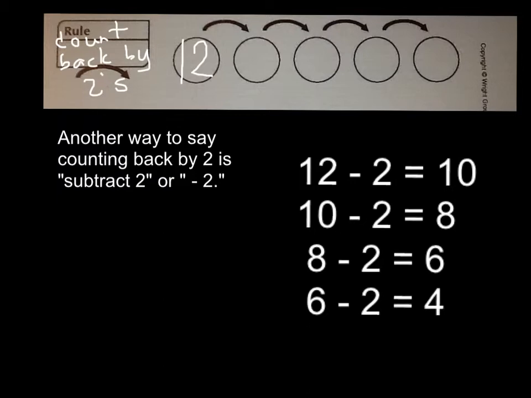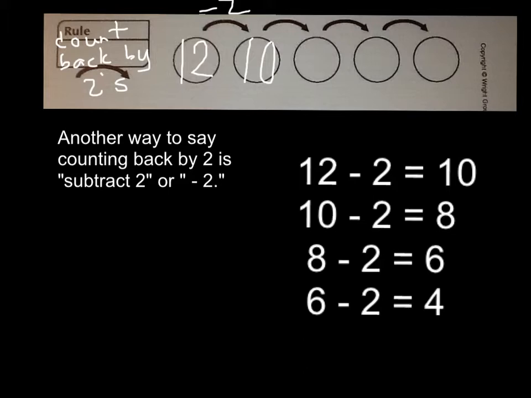Your finger should be on the number 10. So when we counted back by 2 at this arrow, we ended up at the number 10. As you can see, that would be the same thing as 12 take away 2 equals 10.